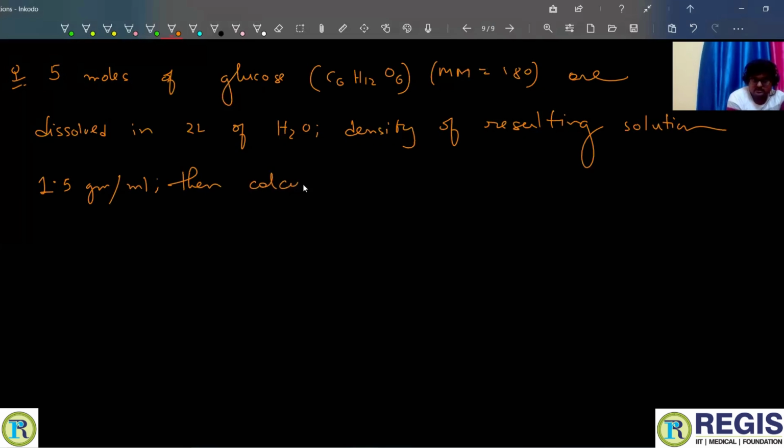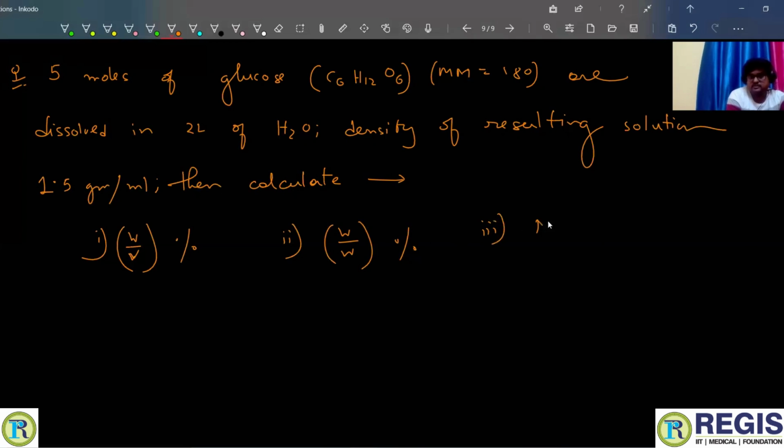Then calculate the weight by volume percentage, first question. Second one is weight by weight percentage. Third one is molarity. Solve it. Quickly try to solve it.